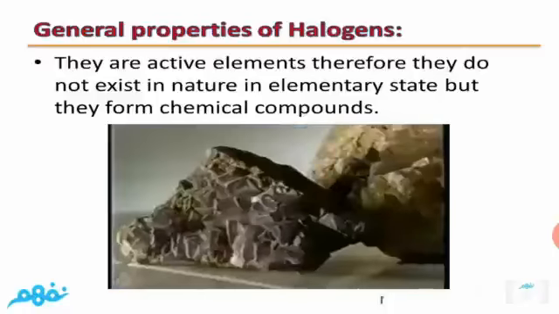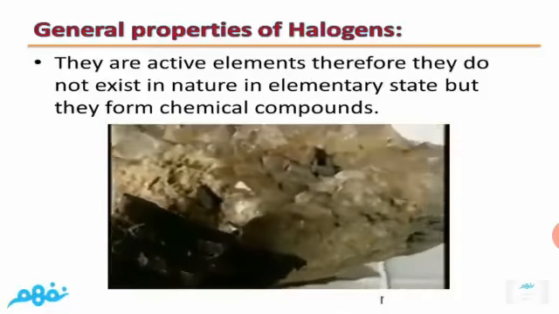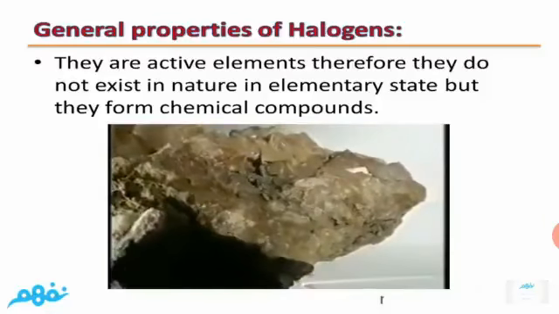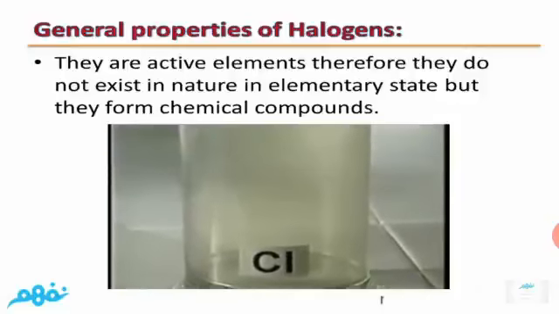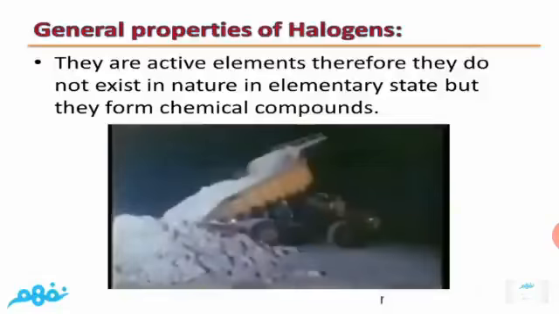Number 4, they are very active elements. So, they are never found in the elementary state, but they form chemical compounds. Chlorine Cl2 or bromine Br2 are never found free.